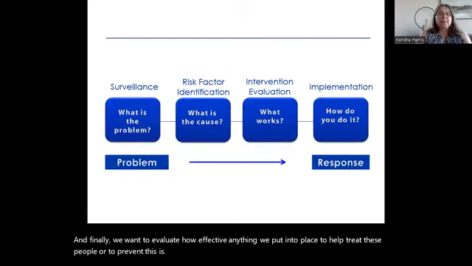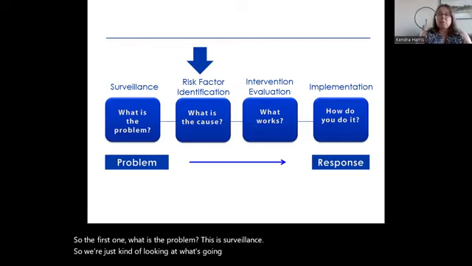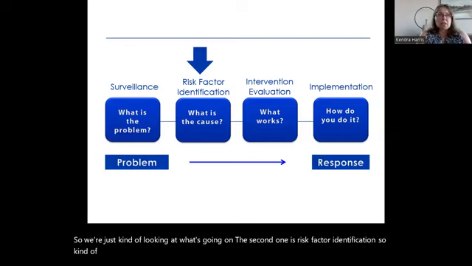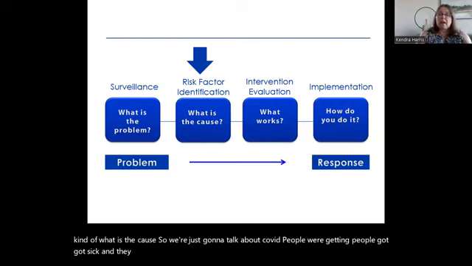So the first one, what is the problem? This is surveillance. Okay, so we're just kind of looking at what's going on. The second one is risk factor identification. So, kind of what is the cause? So we're just going to talk about COVID. People got sick and they had a respiratory illness. And then they figured out what it was.